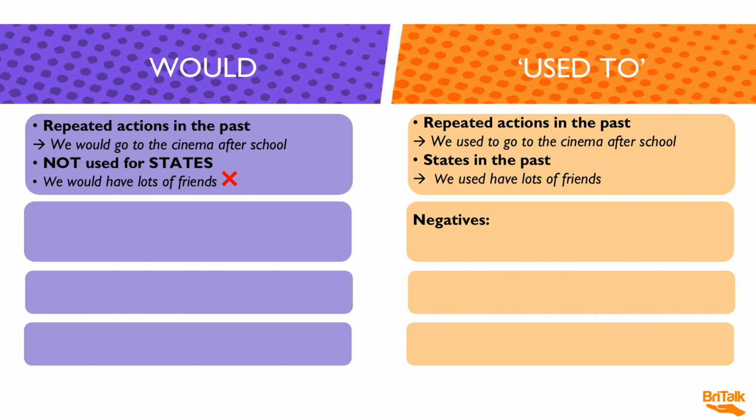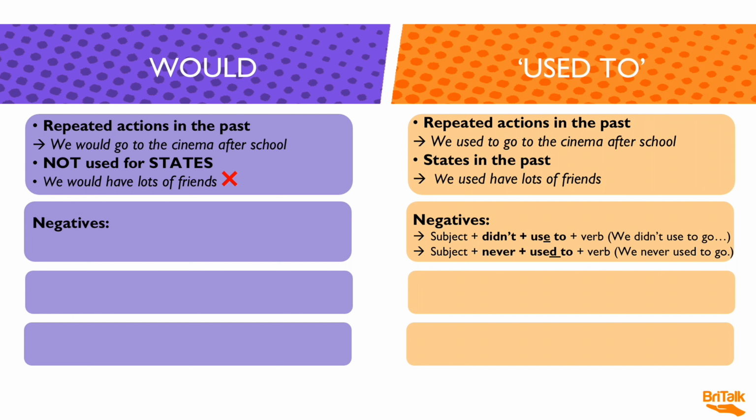The negative form of used to can be formed with the subject didn't plus used to without the D plus the verb, so we didn't use to go. We can also create negatives with never, so subject plus never plus used to with the D plus the verb, so we never used to go. Negatives with would can also be created with the subject plus wouldn't plus the verb.